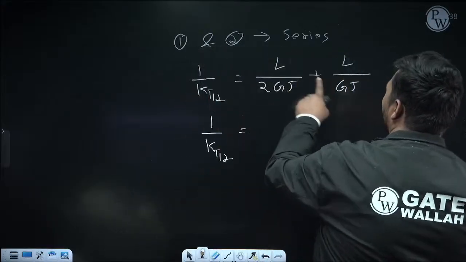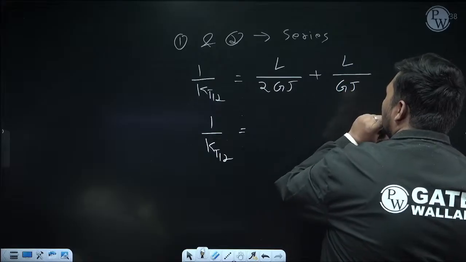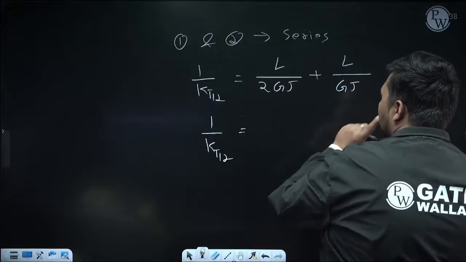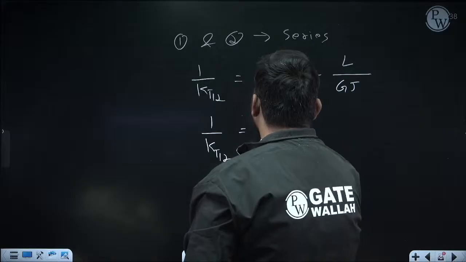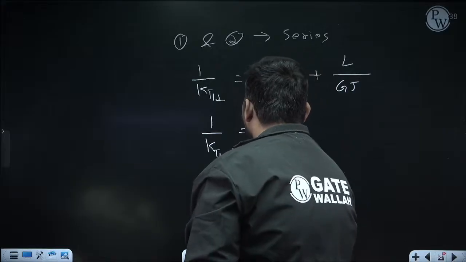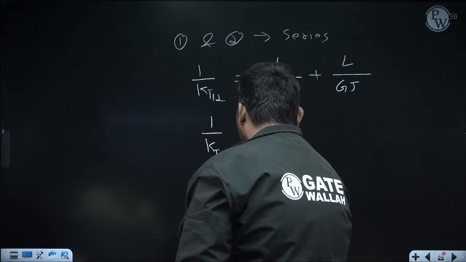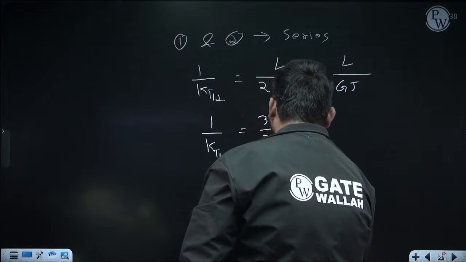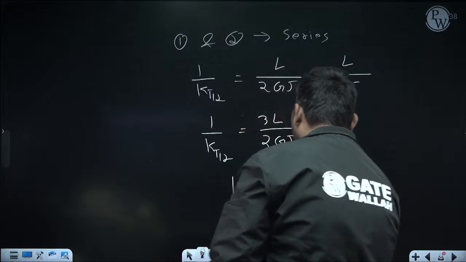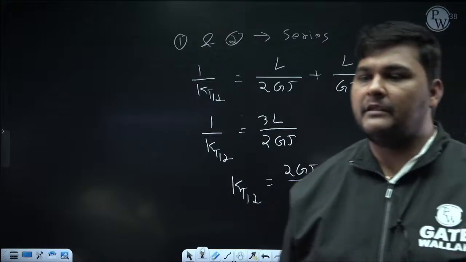L upon GJ is common. So 1 by 2 plus 1, it will be 3 by 2. So it is coming 3L by 2GJ. So KT12 will be 2GJ upon 3L. Clear? Yes.